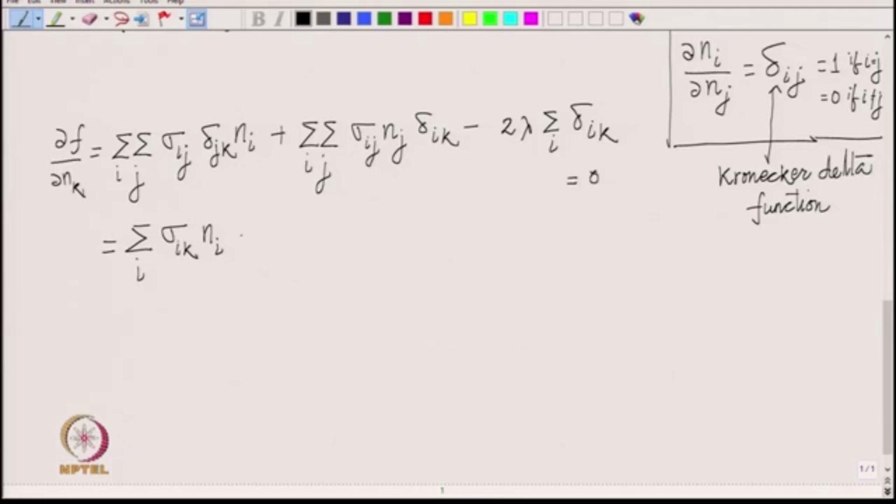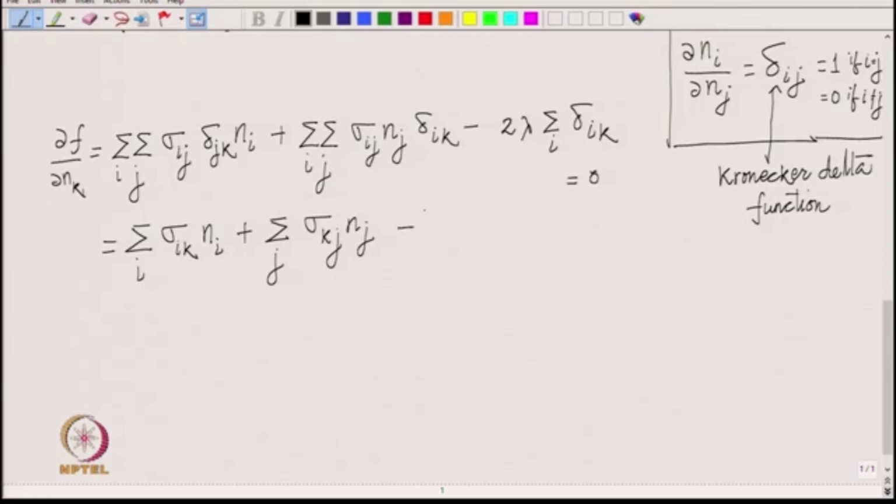Likewise, the second term, what does that become? So, this is now summation over j sigma k j n j. So, here the summation over i is eliminated and i is replaced with j. Okay.